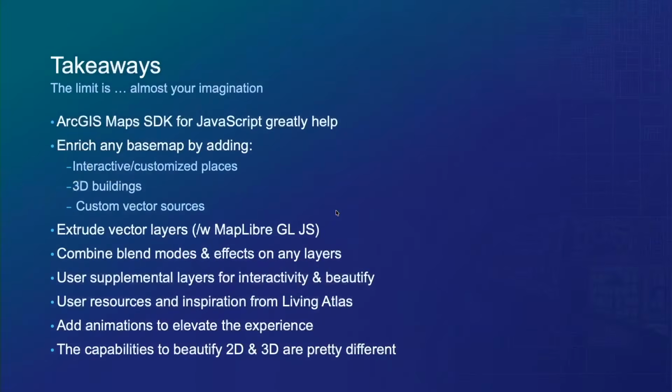In case you have any questions, some of the things to keep in mind: the JavaScript SDK is really powerful to make beautiful and interactive base maps. Use the power of the layer sandwich whenever it makes sense to you. Add custom sources. There are a lot of things that can be done. I removed some animations because we didn't have time, but if you're interested, let me know. More than happy to share that with any of you.